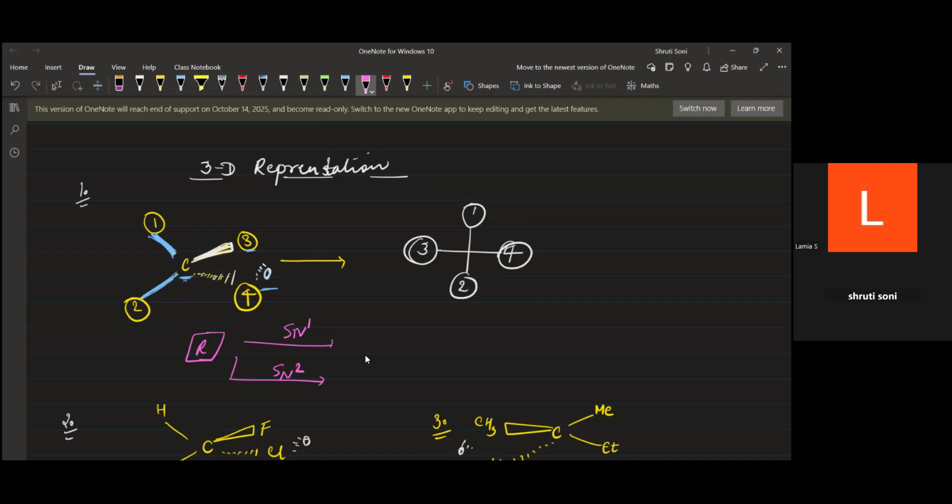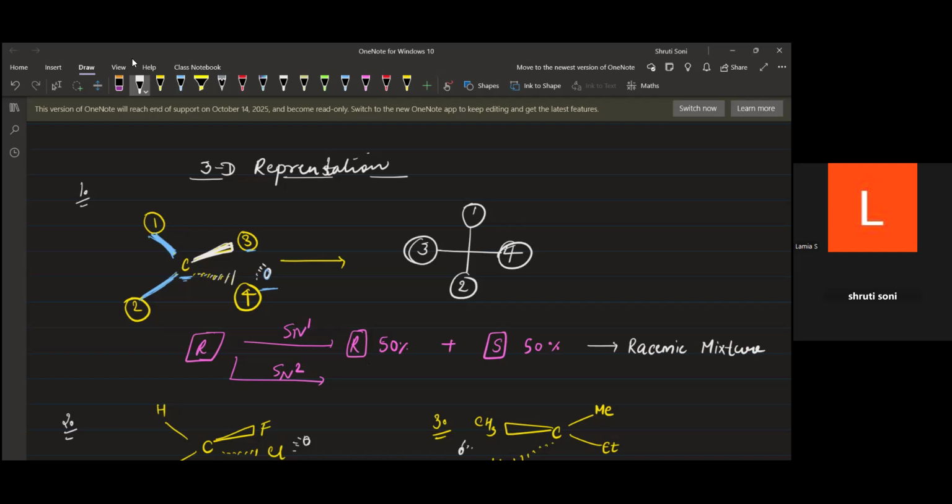It can attack from top and bottom. So in the case of SN1, the product will be 50% R and 50% S. This type of arrangement or possibility is also known as a racemic mixture, if the mixture has 50% R and 50% S.